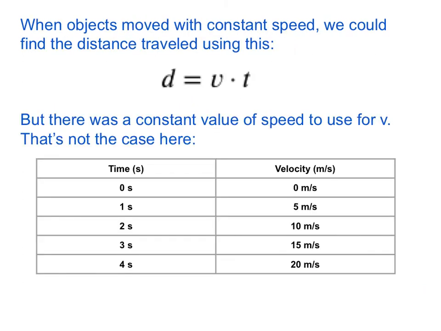It would be nice if we could just use this formula, distance equals velocity times time, but that assumes a certain value for v that we would be placing into the equation. And as we've seen, when something accelerates, it means that its value of v is changing. In this case here, it is increasing. And so which of these values would we possibly use?